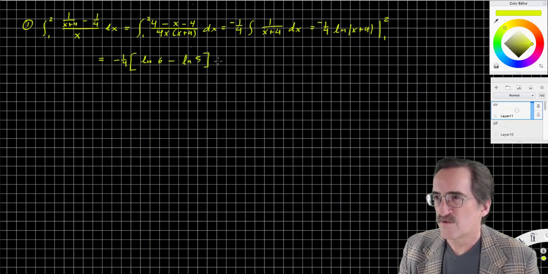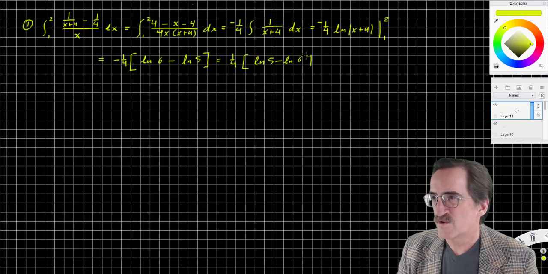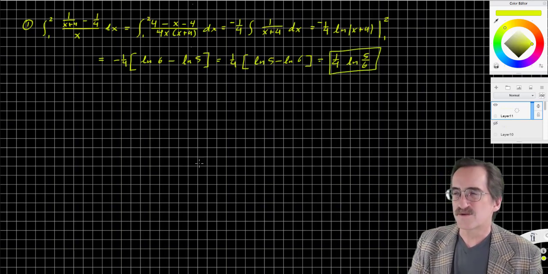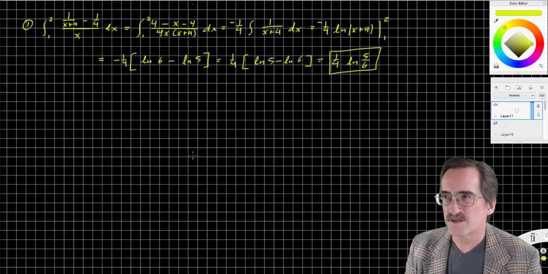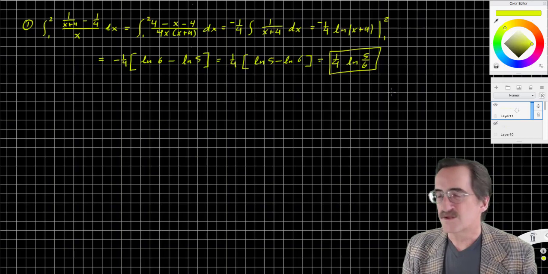Now, if you distribute the negative, this is 1/4 times ln 5 minus ln 6. And if you use the quotient rule for logarithms, this is 1/4 ln 5/6. And that is it. So negative 1/4 ln 6/5, which is the same as negative 1/4 ln 6/5. Okay, so that's number one.